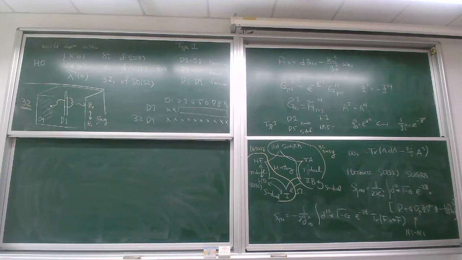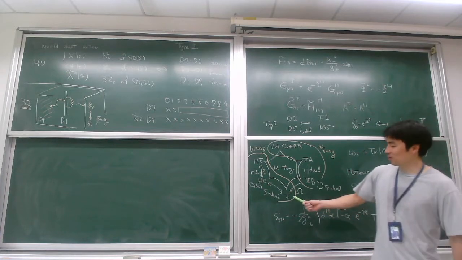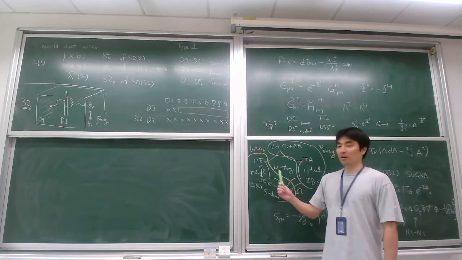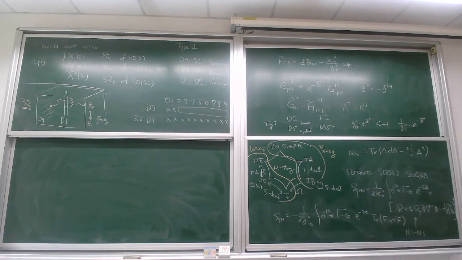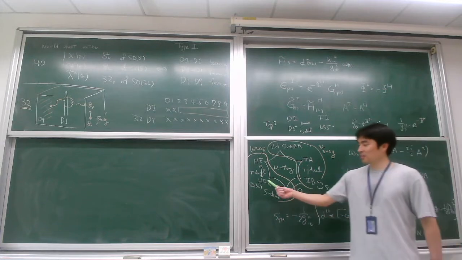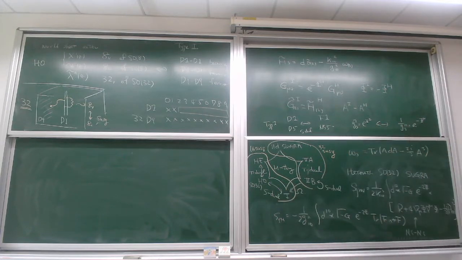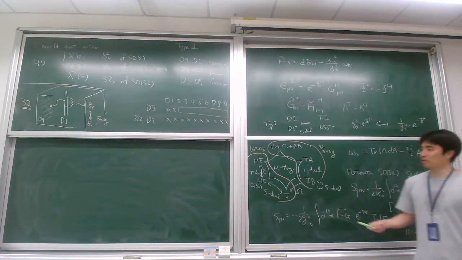HO, good. So it's a duality. So if you go to strong coupling limit, it becomes heterotic SO32. What is the strong coupling limit of heterotic SO32? Type 1, good. Type 1.